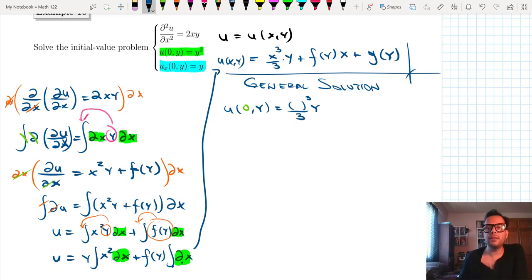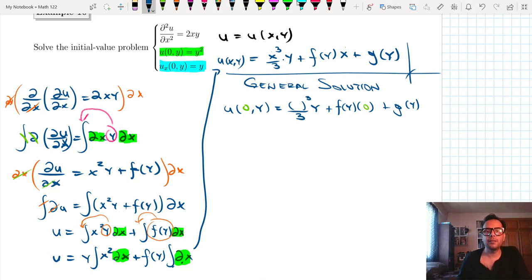y over 3 plus f of y times x, but in this case, x is 0. So everywhere we see the letter x, we replace it with a 0, plus some g of y.